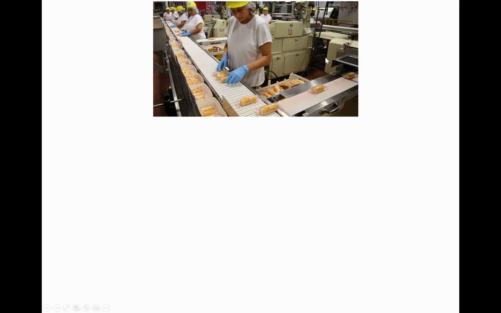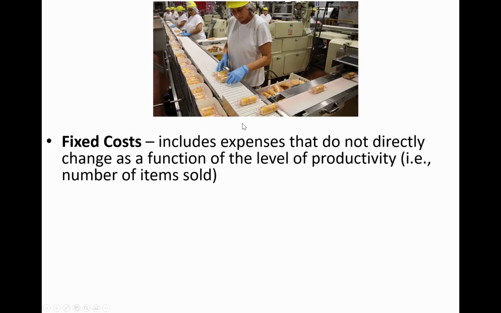Now, take for instance, what if your business was making Twinkies? Then in a situation like that, you could break your costs up into categories. The fixed costs, remember, are those costs that aren't affected by level of production. So it could be the machinery, or it could be the rent that you pay on the factory. Because you have to pay that rent and you have to pay the bank for the machinery whether it's being operated or not.